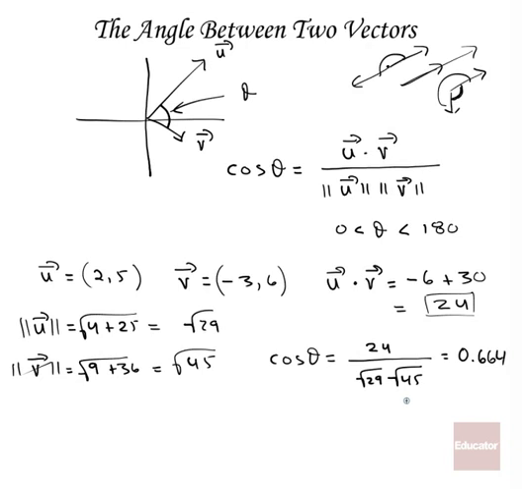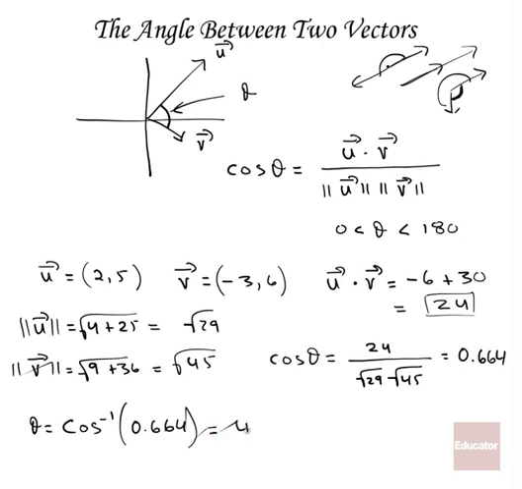which is 0.664. And when I take the inverse cosine of that, theta equals the inverse cosine of 0.664.